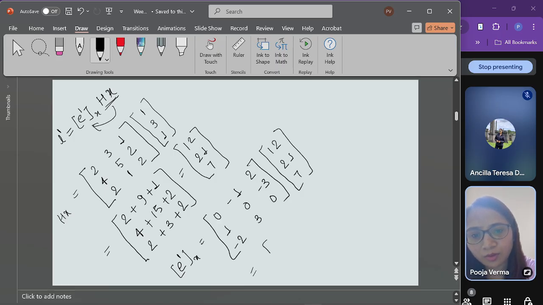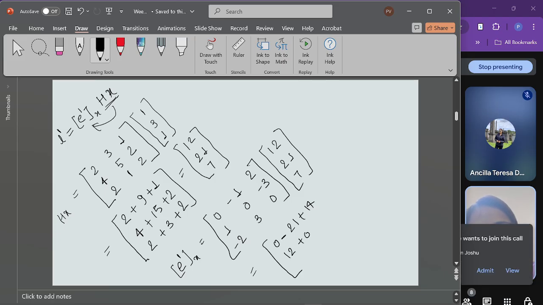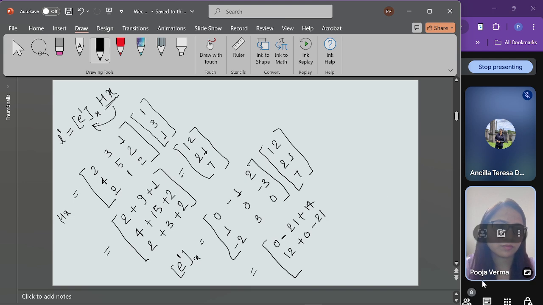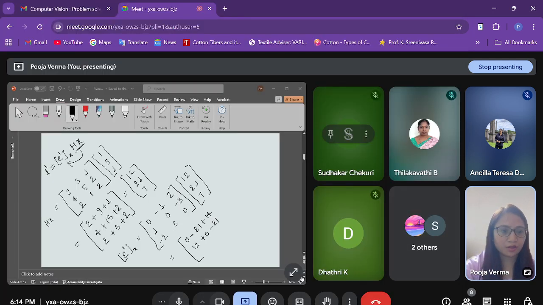Now multiply the matrix, simple matrix multiplication. So here you will get 0 minus 21 plus 14, right? Here 12 plus 0 minus 21. Let me add.